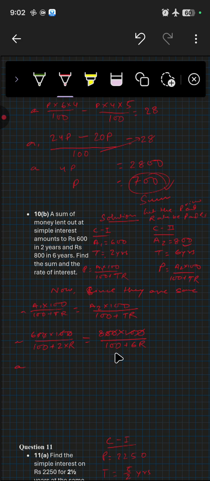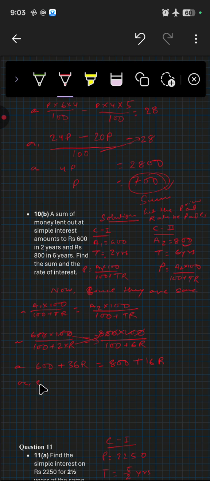Okay. Now do cross multiplication. 6 into 100 is 600 plus 6R into 6, 6 sixes are 36R. Similarly in this case 8 into 100 is 800, cross multiply 800 plus 2R into 8 is 16R.